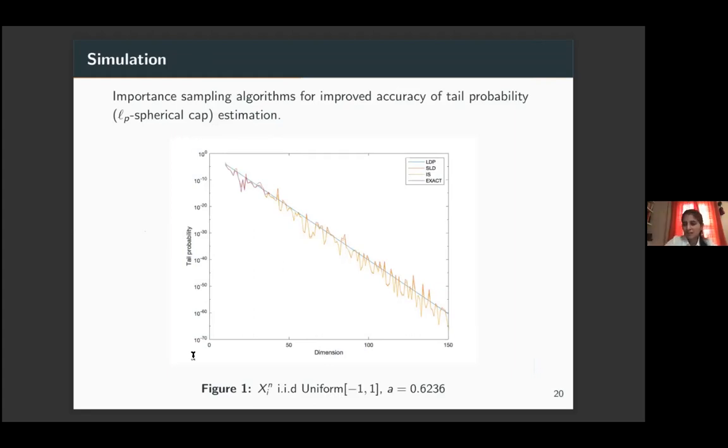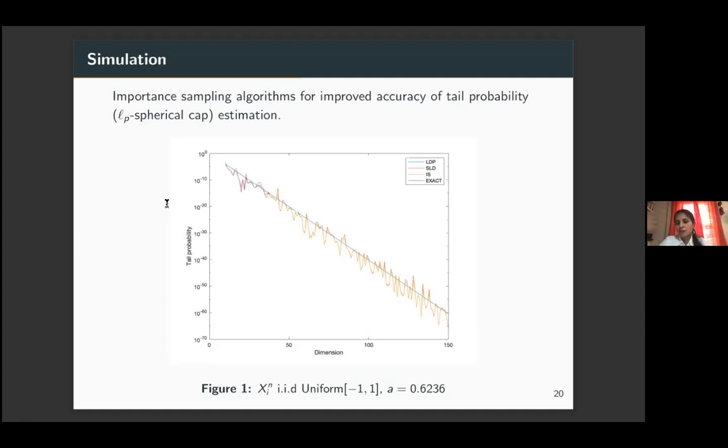So it's very, very small, right? And we're trying to compute this tail probability. Obviously, it's becoming smaller as dimension gets large. And so normally you can't compute that, right? If you just do Monte Carlo simulations, because you're looking at 10 to the minus 60, you simply can't do that.